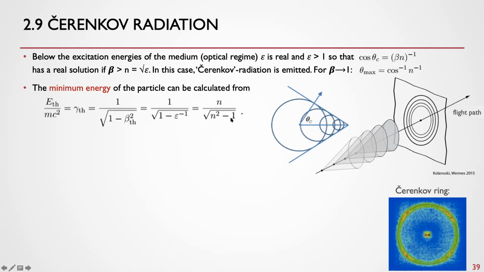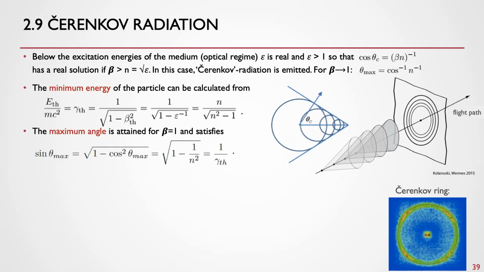We'll look at the table on one of the next slides. Not too high values for gamma are required until Cherenkov radiation is emitted. Now we can compute the maximum angle that this radiation is attained for. In fact, we almost did.